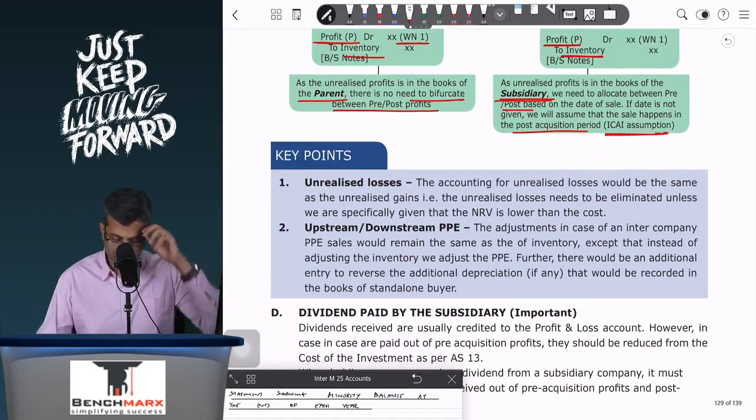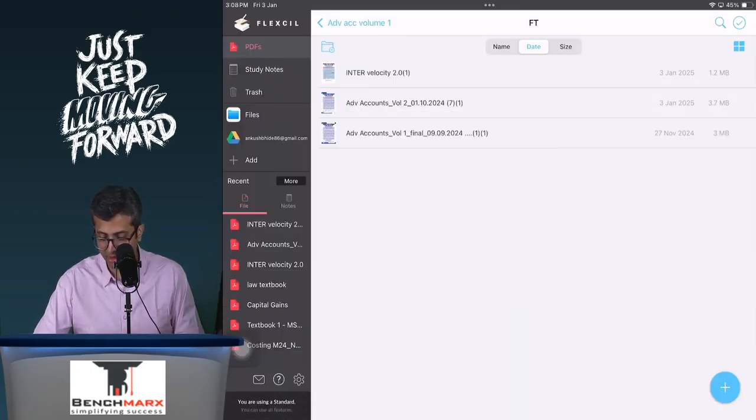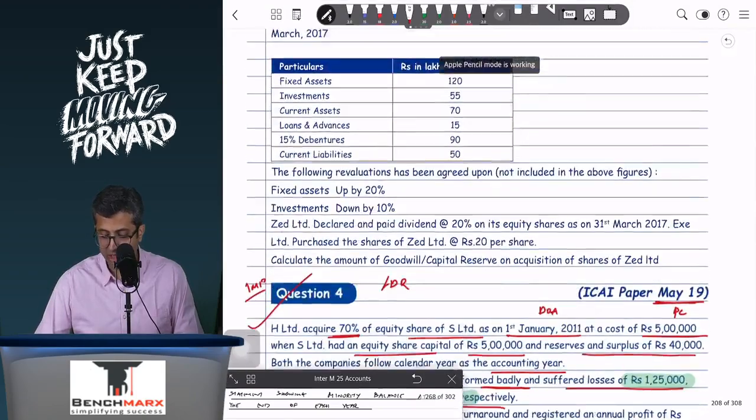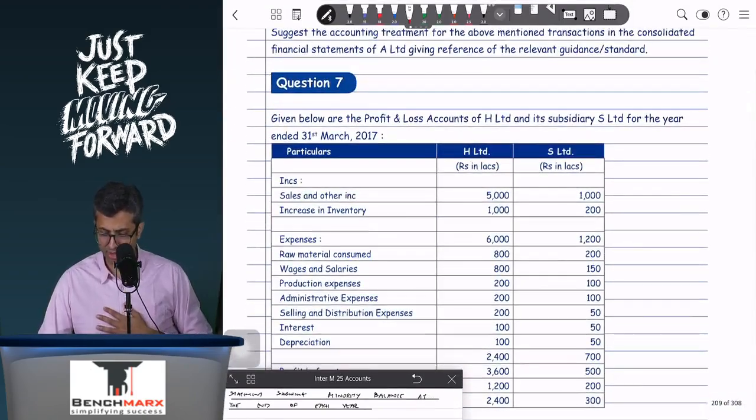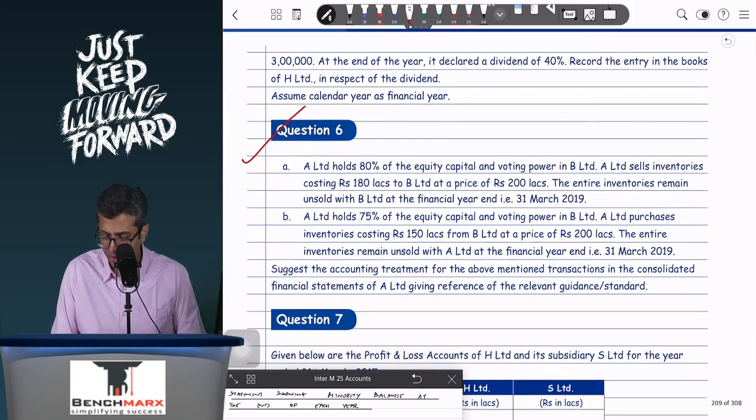Now, before we go on to dividend, we will do a couple of questions over here which are linked to this fair value adjustment. So if you go to question number 6, not a very important question, quickly referring to this: A holds 80% of the equity capital and voting power of B. A sells inventory costing 180 lakhs to B at a price of 200 lakhs.